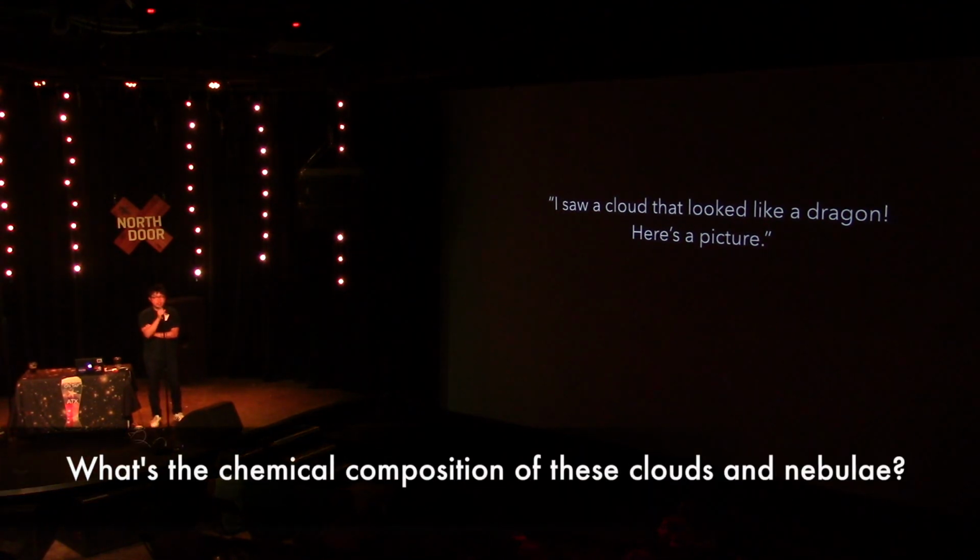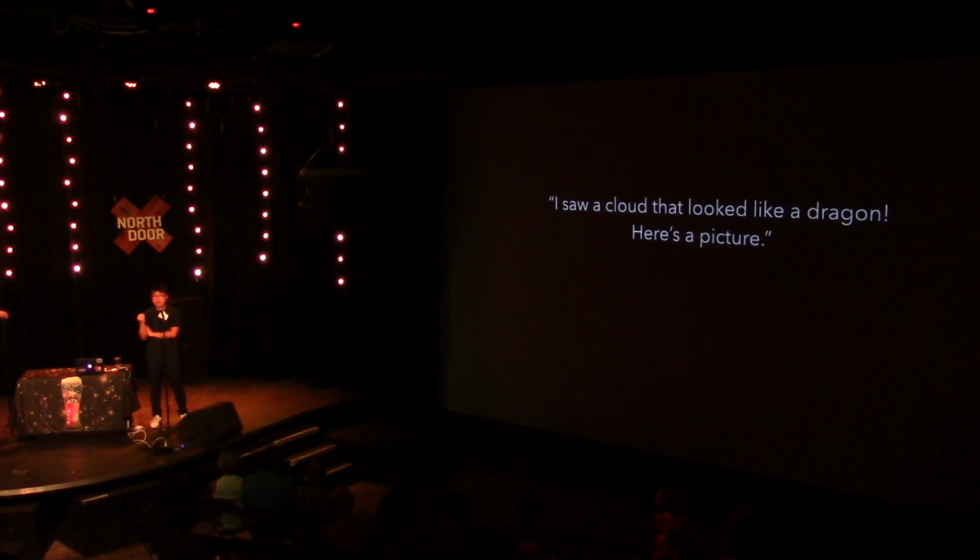So the question is, what's the chemical composition of these nebulae and different structures in molecular clouds? And the answer is, if you remember from the previous talk, a lot of it is CO. And of course, molecular hydrogen as well, because these are really the densest regions that you can find in our own local galaxy, where you would expect that in the future, these are the star factories, right?